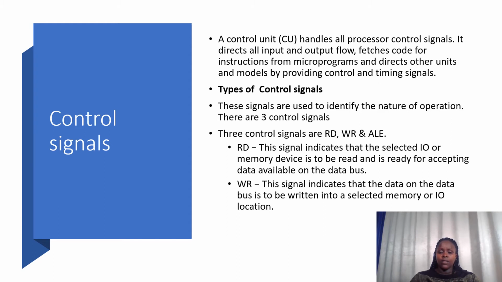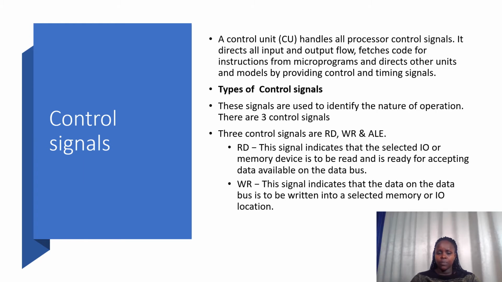RD, this signal indicates that the selected input or output or memory device is to be read and is ready for accepting data available on the data bus. You know that the data and the instruction should pass through the data bus.